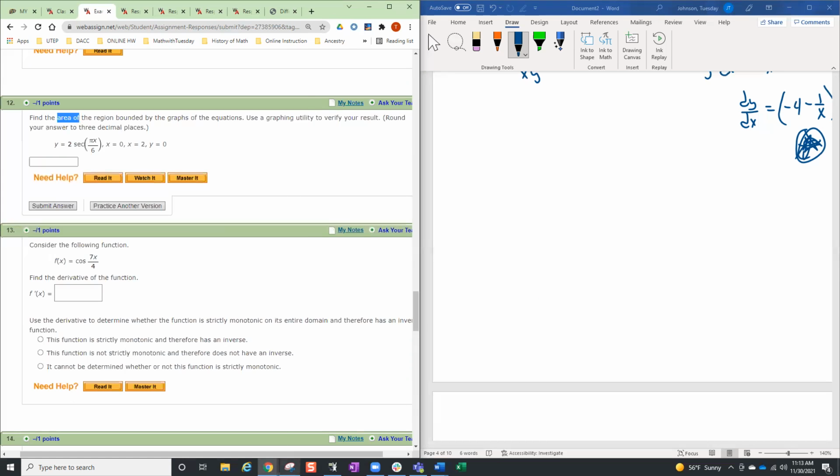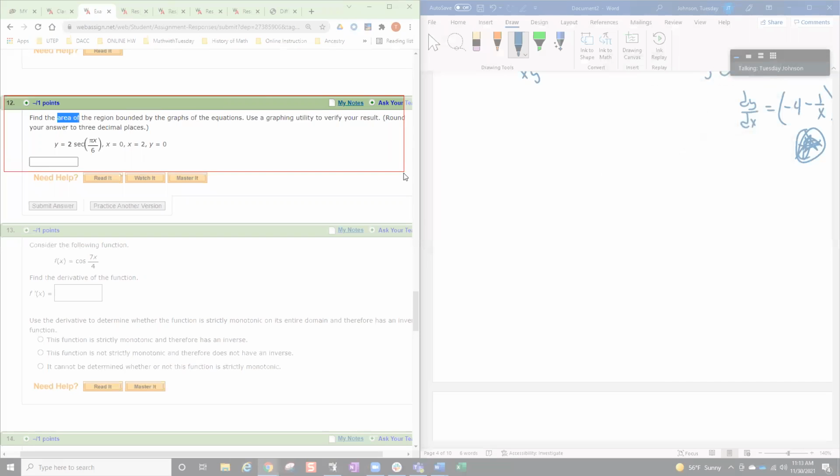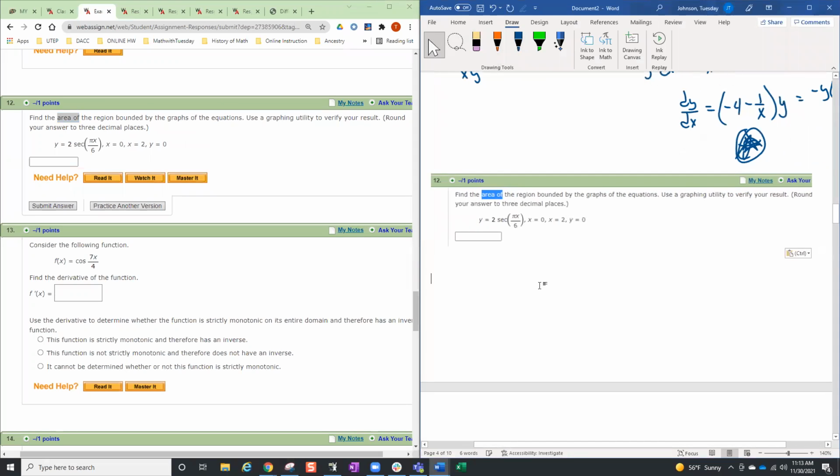So this number 12 will translate directly into this antiderivative, x from 0 to 2, of our function, and it's always going to be a dx because x will be our variable.